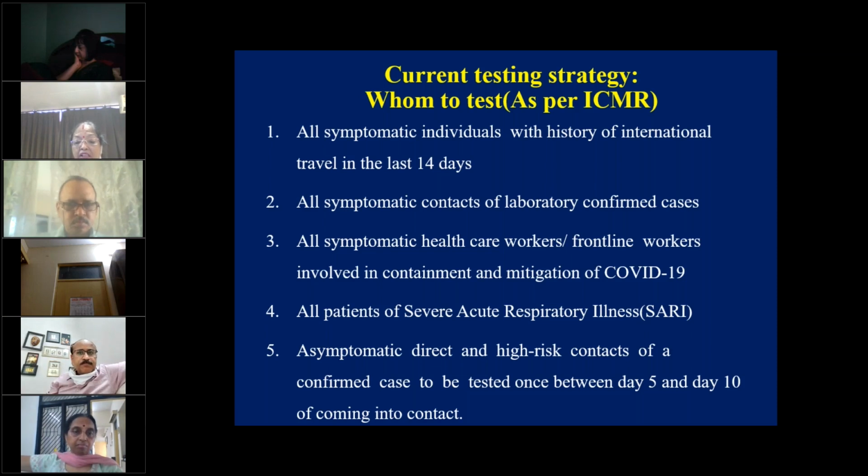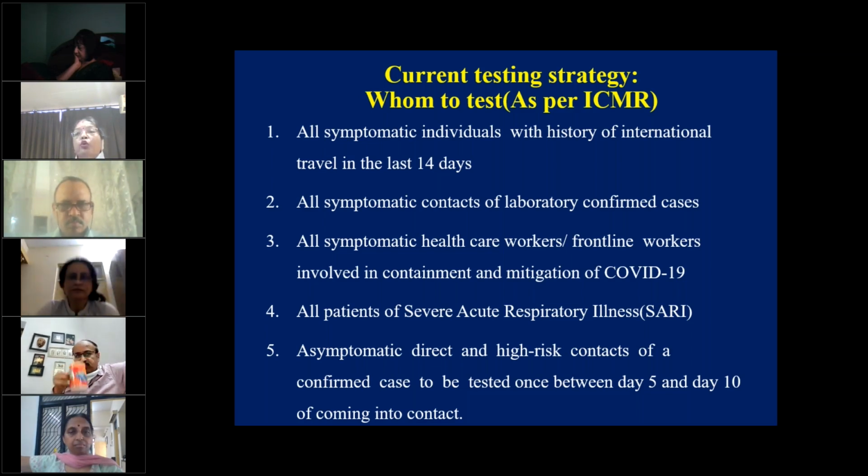And what we see in our daily practice is that we receive a huge number of samples, 1,000 samples, sent telling that it is a low risk case. I just wish to remind you that there is no indication of testing a low risk case. I don't have the time to describe what is low risk, what is high risk, but all the guidelines are there from ICMR and various agencies.